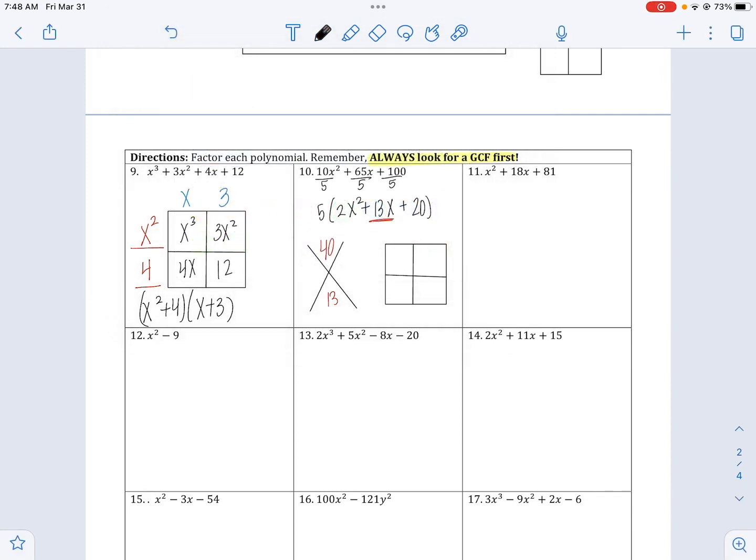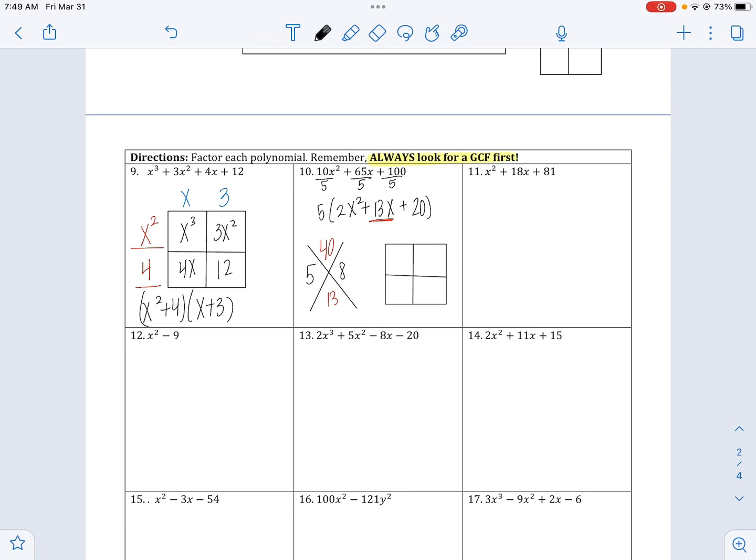I'll let you think about that for a few seconds. All right, so you figure out your 2 factors and you notice that they're 5 times 8 because 8 plus 5 gives you the 13.